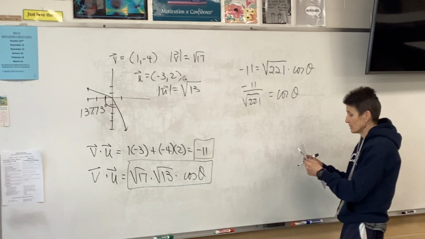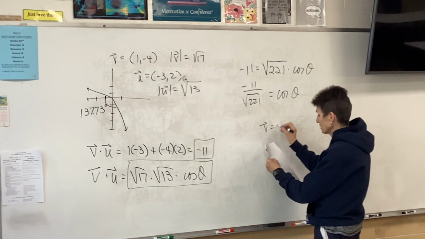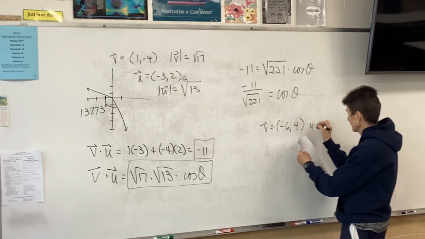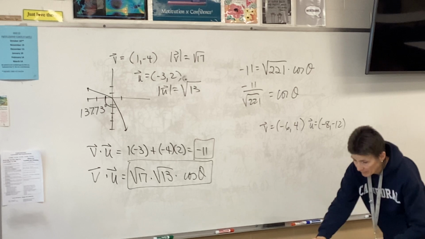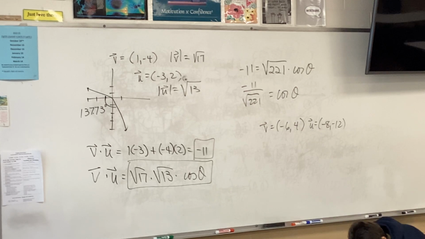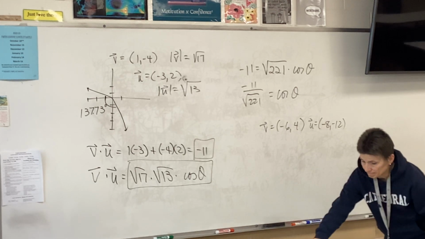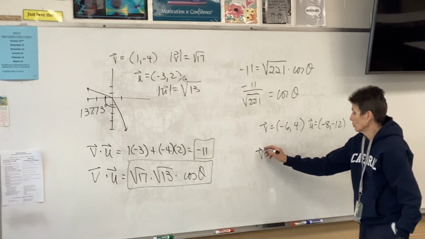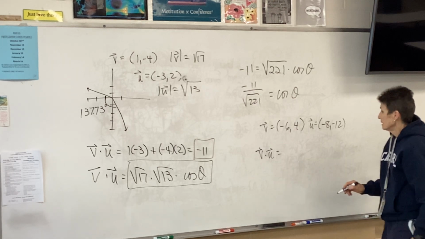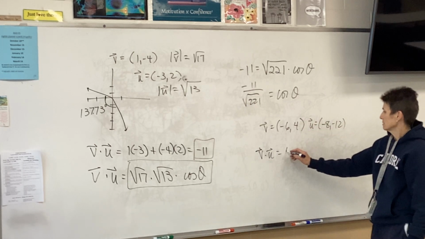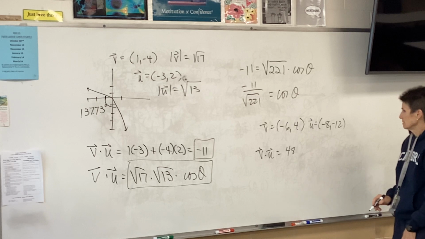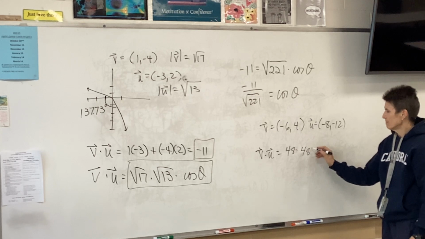Now we're going to do exactly the same thing, but our vectors are negative 6, 4, and negative 8, negative 12. All right, my job is to find the angle between them. So what do I do? Well, first I find the dot product. So the dot product is going to be, wait. Is that 0?